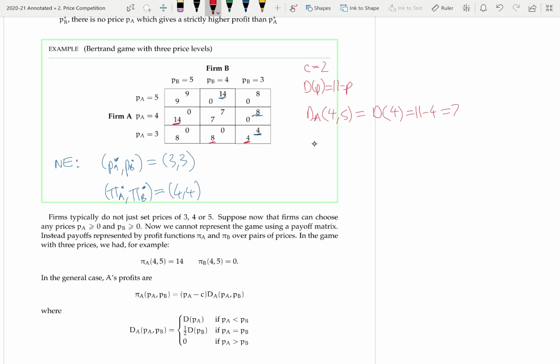And the profit of firm A is going to be the price of 4 minus the marginal cost, multiplied by that demand, which is 14.